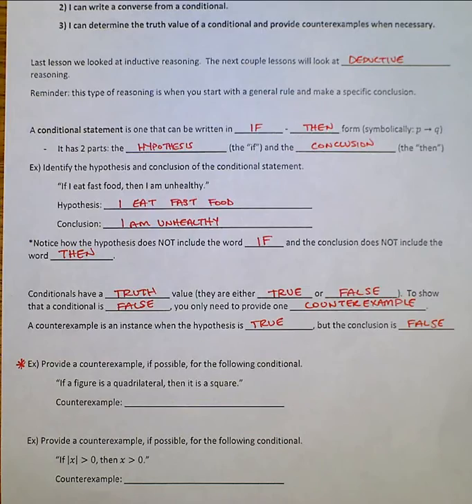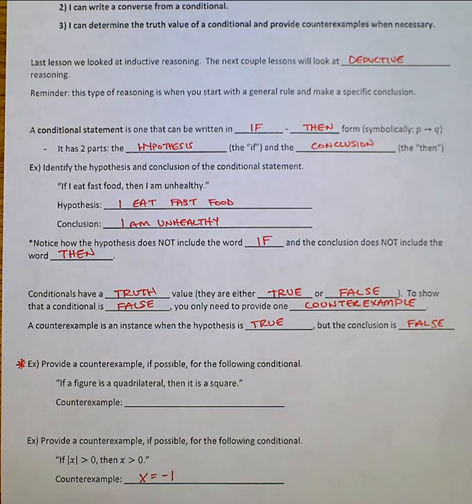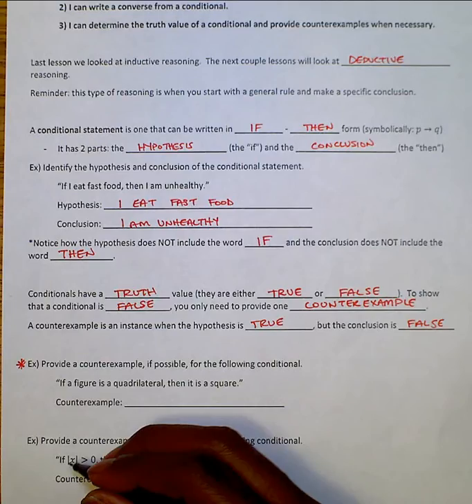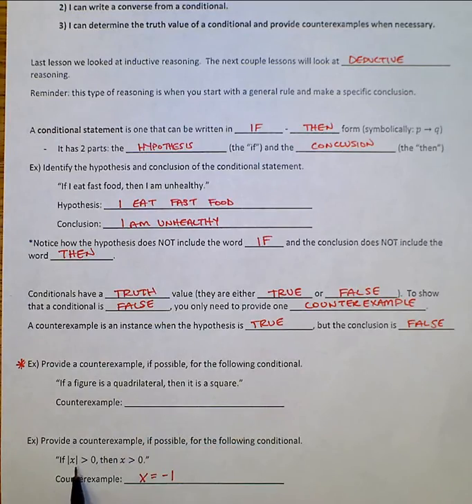So our counterexample here could be that x equals negative 1. If x is negative 1, then the absolute value of negative 1 is 1, which is greater than 0. That shows the hypothesis is true. But then the conclusion would be that negative 1 is greater than 0.